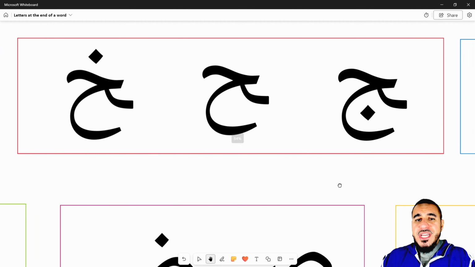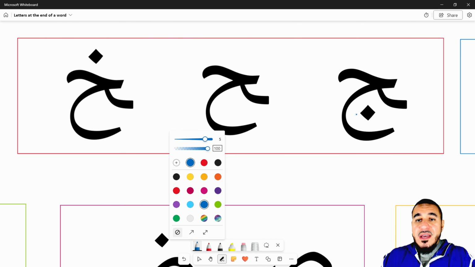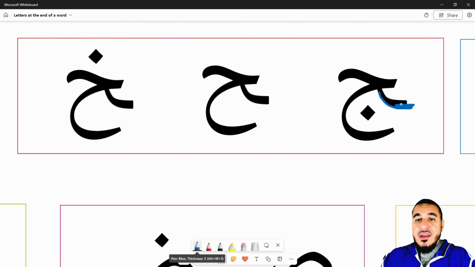And the same with the jim, ha, and the kha. They look like how they were when they were solo letters, other than the little flick that we have here, which is at the start of the letter. And these flicks here are just here to connect the letter to the previous letter, all right?